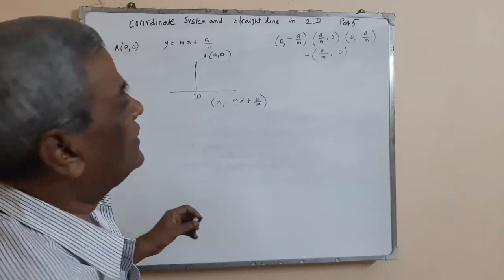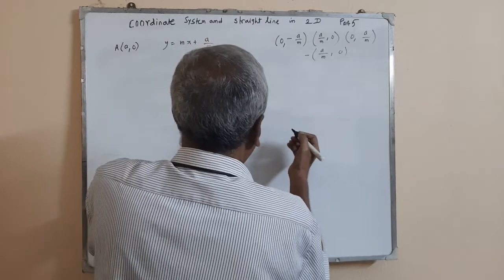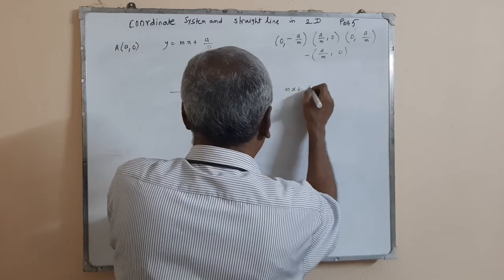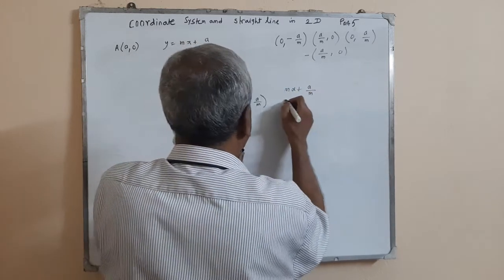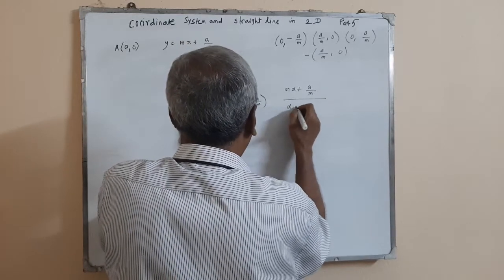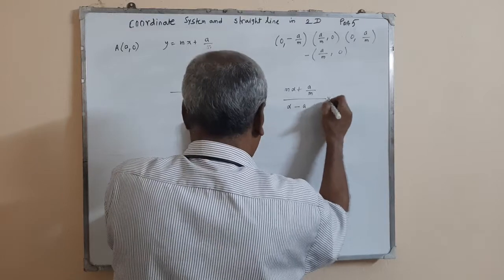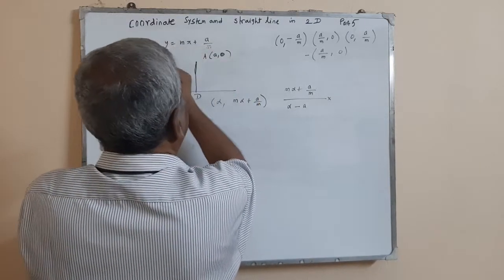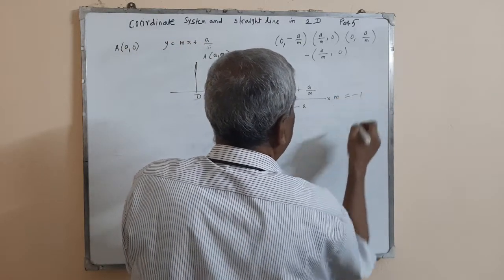because they are perpendicular. Now the gradient of AD is (m alpha + a/m - 0)/(alpha - a), into the gradient of this straight line, which is clearly m, is equal to -1.